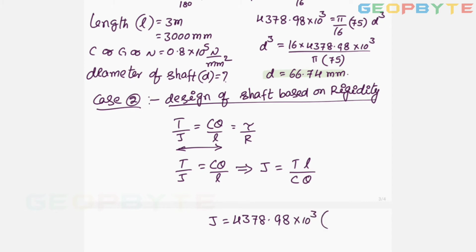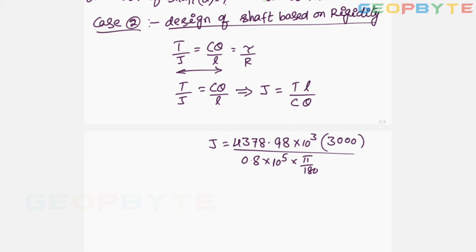Length of the shaft is 3000 mm, divided by shear modulus 0.8 into 10 power 5, into theta, which should be in radians: 1 into pi by 180.